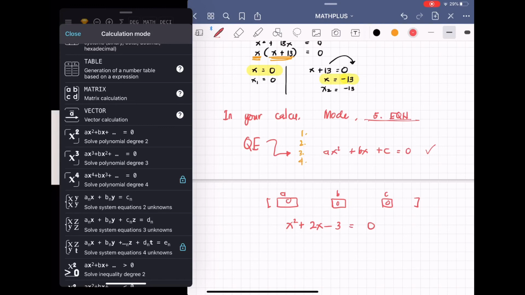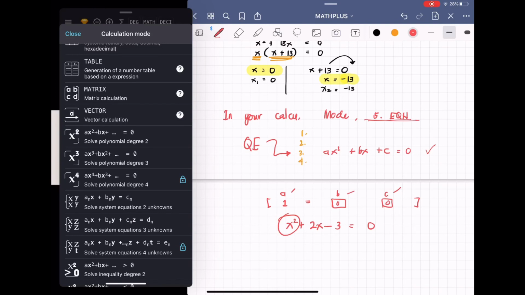What you're going to do is just get a, b, and c, including the sign. For x squared, I do not have other constants than positive 1. So you press 1 for the cell under A, and then press equals.